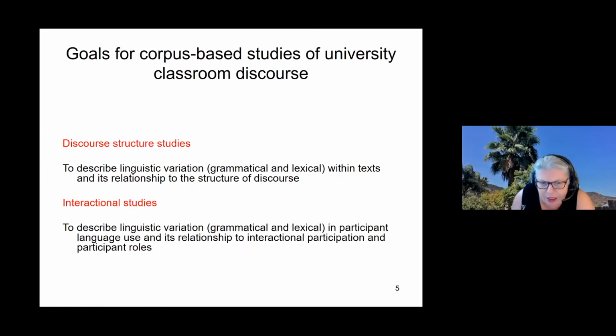And in interactional studies for classroom discourse, it's similar: to describe the linguistic variation, grammatical and lexical, in participant language use and its relationship to participant roles. So that's what we're going to look at today.